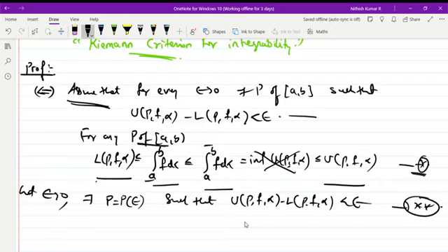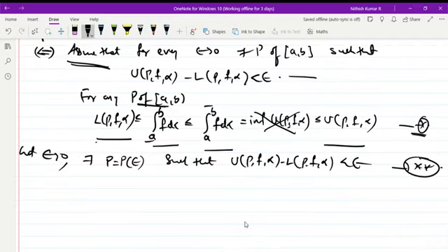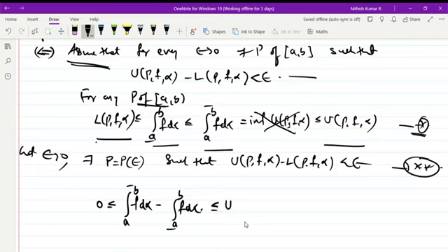So using star, the upper Riemann-Stieltjes integral minus the lower Riemann-Stieltjes integral is greater than or equal to 0, and since the upper integral is less than or equal to U(P, f, alpha), and the lower integral is greater than or equal to L(P, f, alpha), so with the minus sign we get minus L(P, f, alpha).